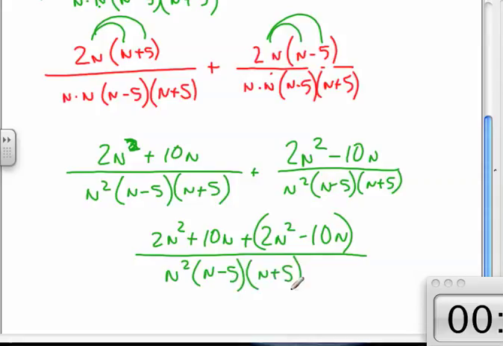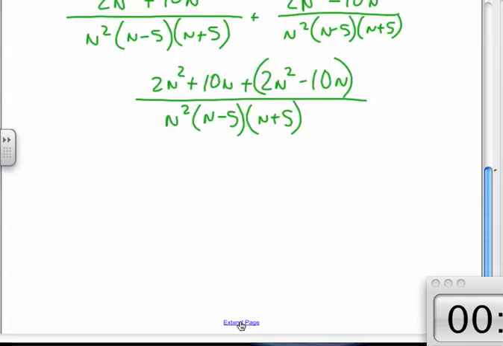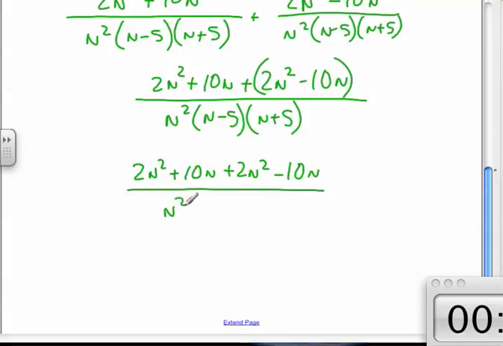Good. Now I've got just one fraction. Now I just need to simplify that thing. Okay? So let's see. On top, I'm going to get 2n squared plus 10n plus 2n squared minus 10n, all over n squared times n minus 5 times n plus 5.